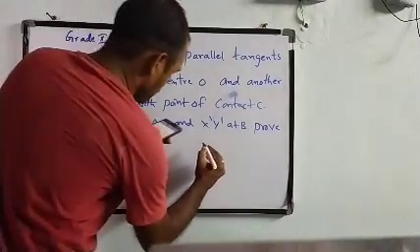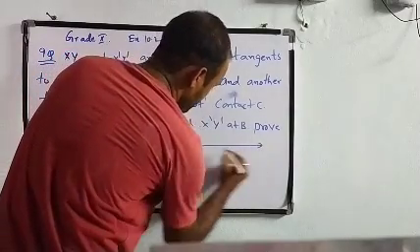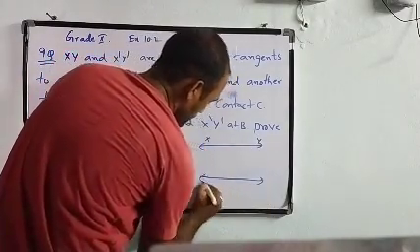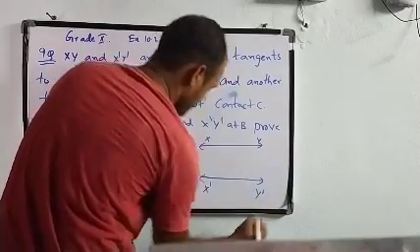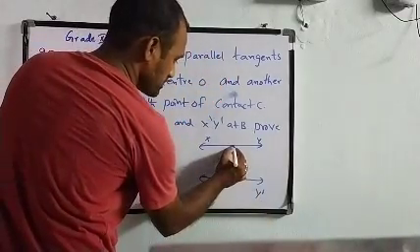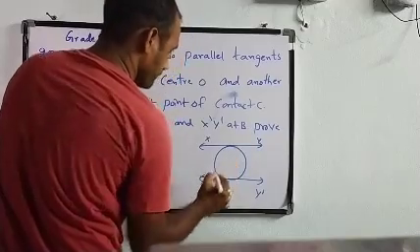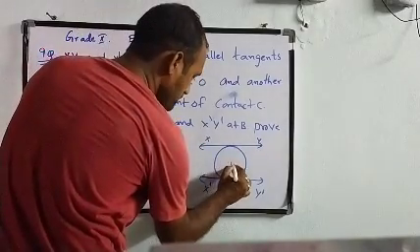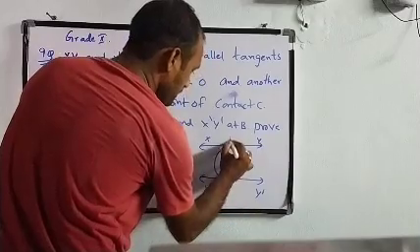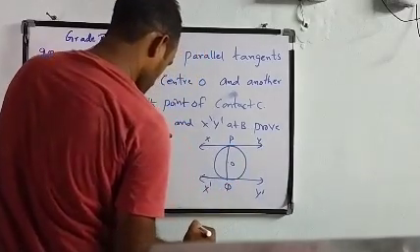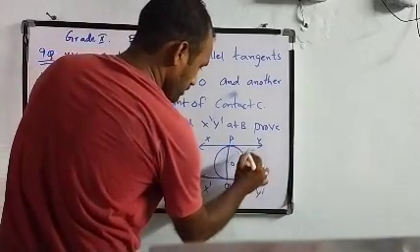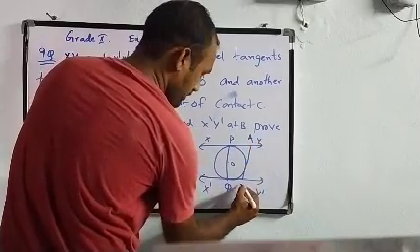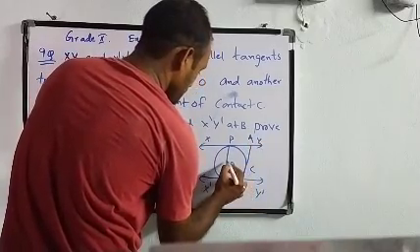So the figure is XY, a parallel line, and here X dash Y dash is the other parallel line. So there is one circle where O is the center, and here it is P, here it is Q. Here it is A and B. AB is the tangent, C here.